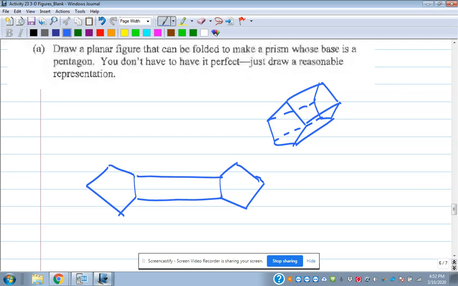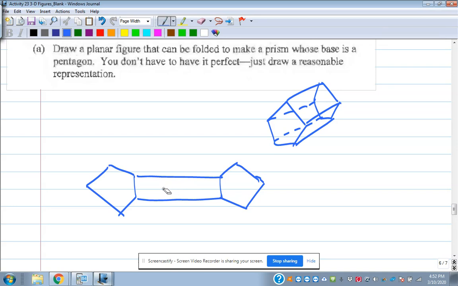Okay. Now, what else do I need to add to this picture to make it build the prism? So how many rectangles do I need? And how big do they need to be? I need 4 more. And should they be the same size as this one in the middle or different?